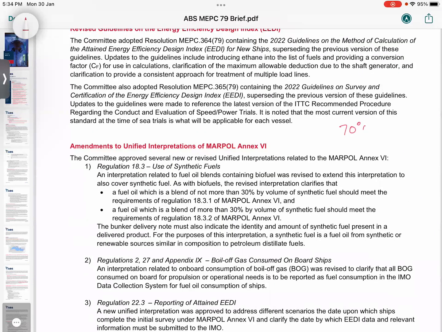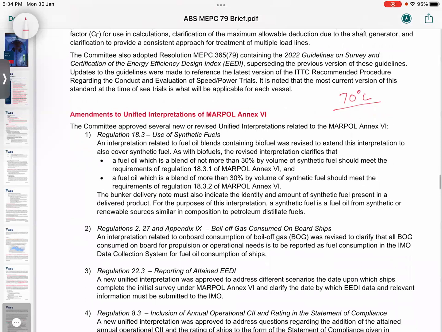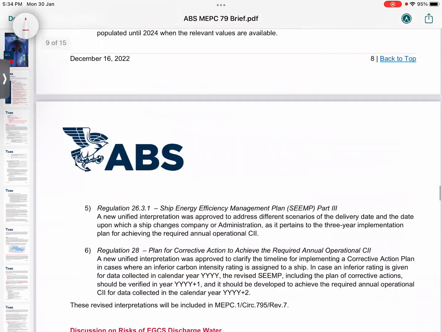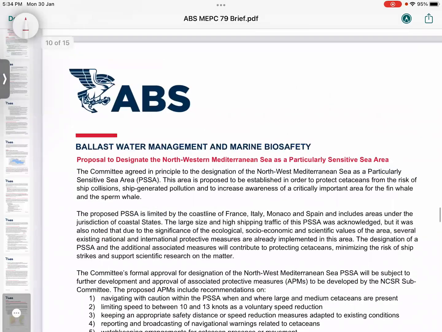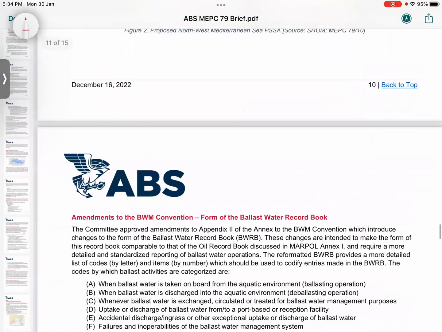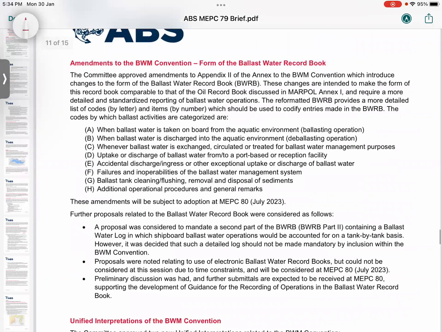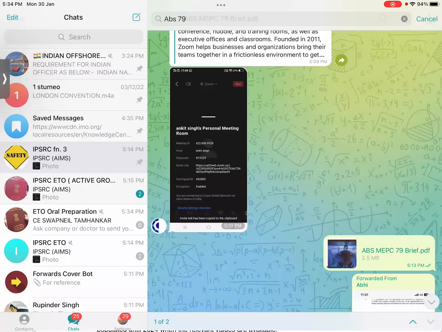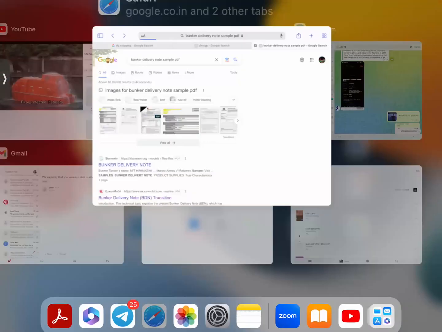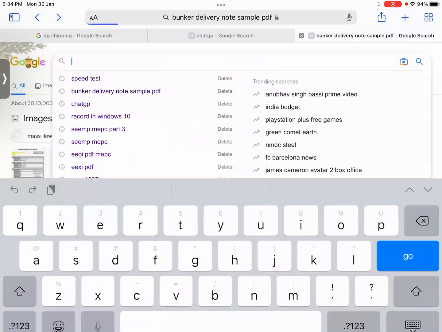In that case, you do not need to mention the exact mathematical value. You just have to write a statement that your fuel has a flash point greater than 70 degrees Celsius. Wait, I'll show you.